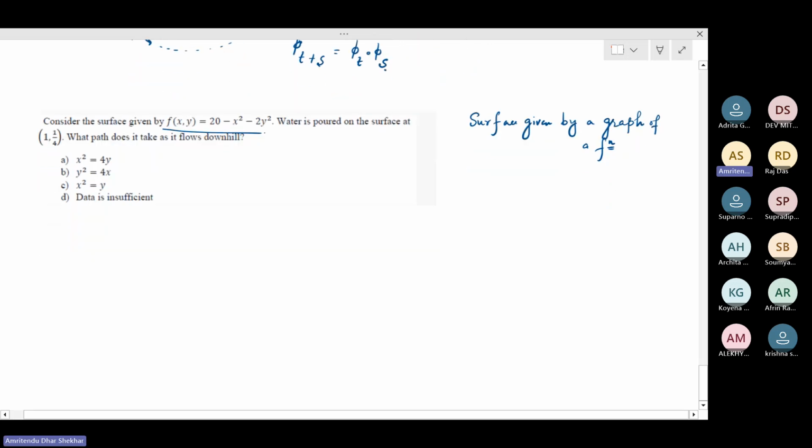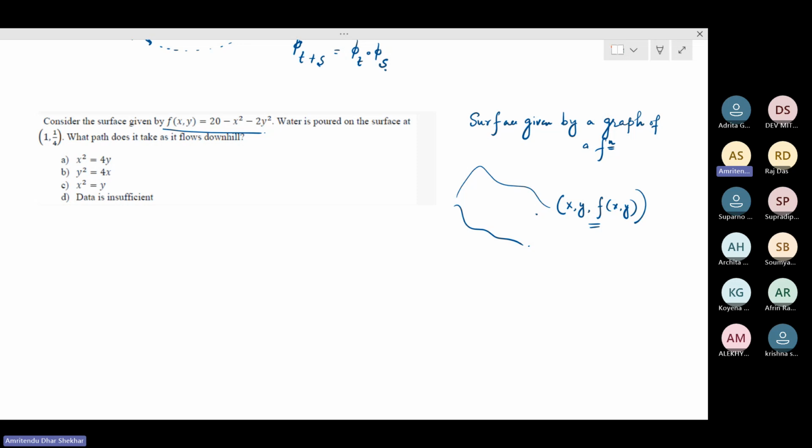So just think that you have a surface like this, maybe some surface like this, where the points are given by x, y, and f of x comma y. So each point on the surface is given by x, y, f of x comma y. Okay. So this is a graph of this function f.